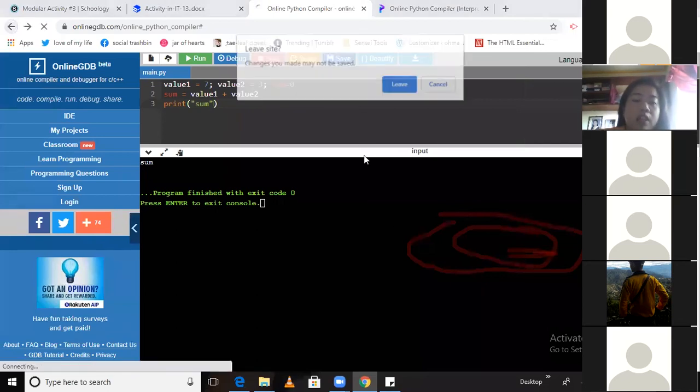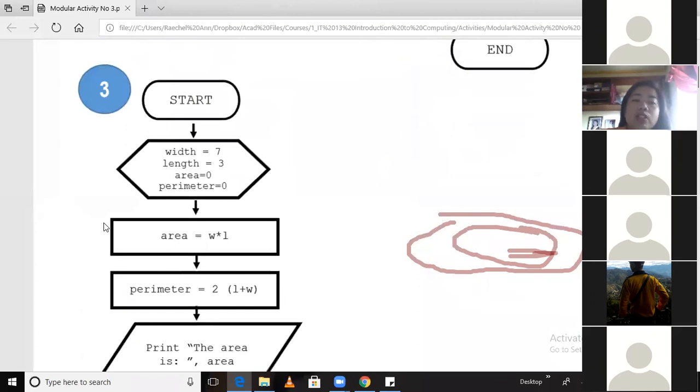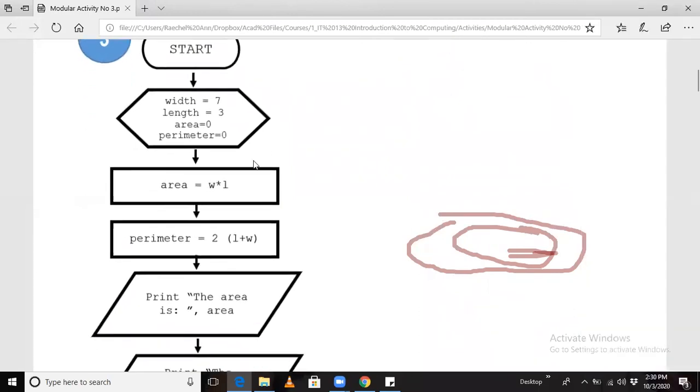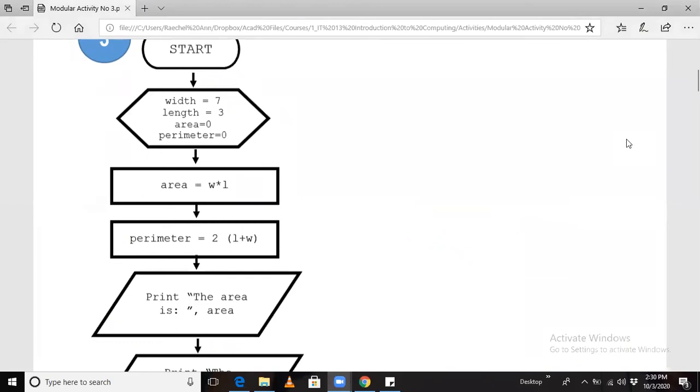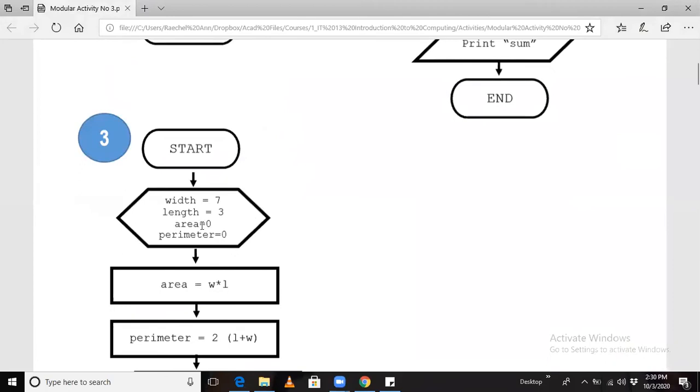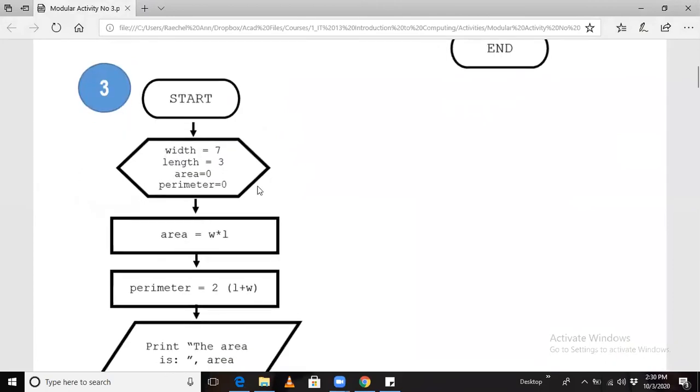Next assignment. Number 3. So, number 3, what type of flow? Anong type of logic to? Sequential, ma'am. Okay, sequential. So, pababa lang na. Similar with number 2, we have variables with length, area, perimeter, followed by the operations.